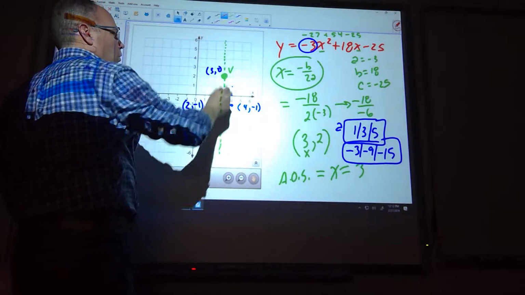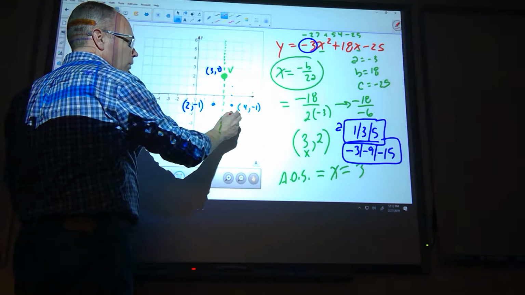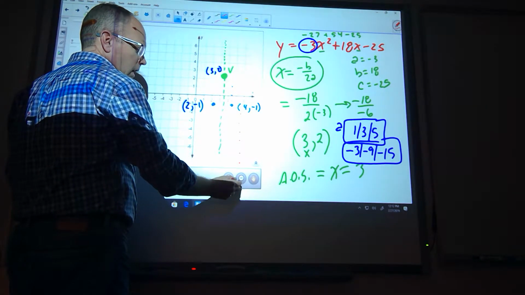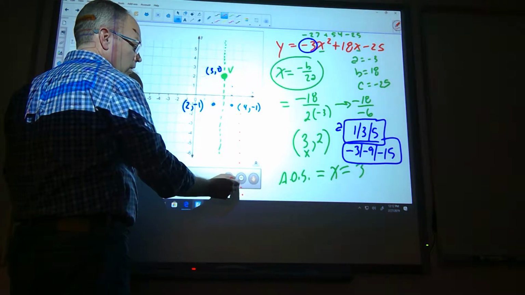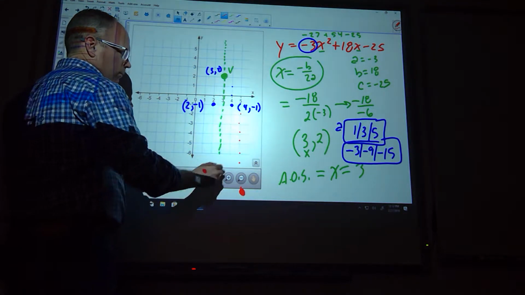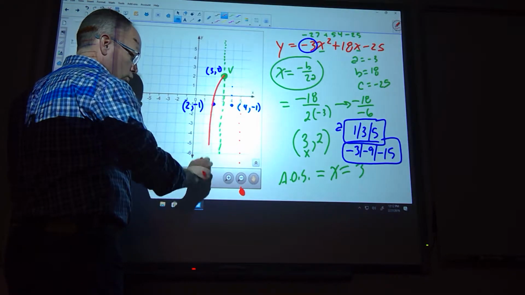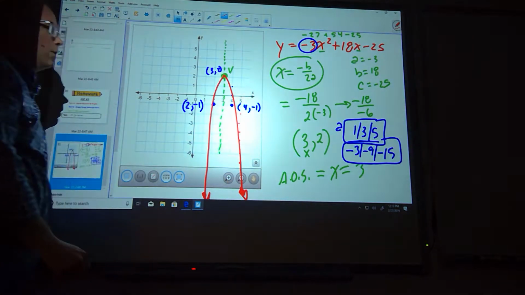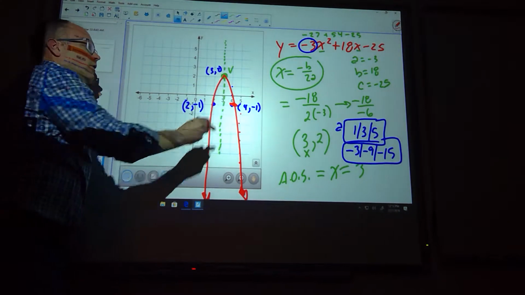If I wanted to go one more, I'd go right one and down 9. 1, 2, 3, 4, 5, 6, 7, 8, 9. Oops. So 9's down there. So there's our parabola. Should go through that dot as well.